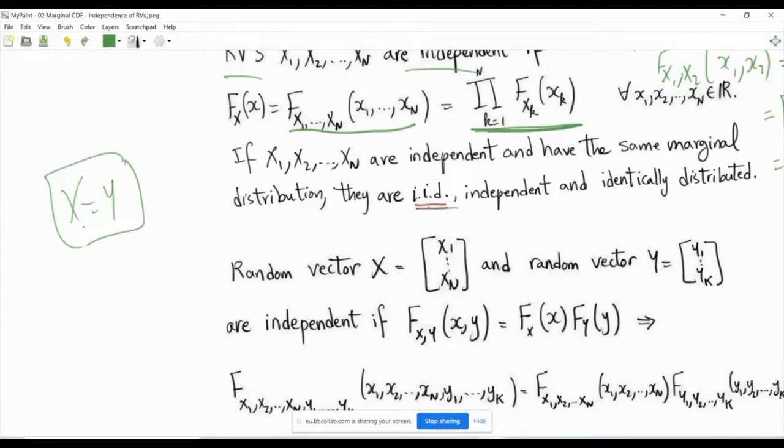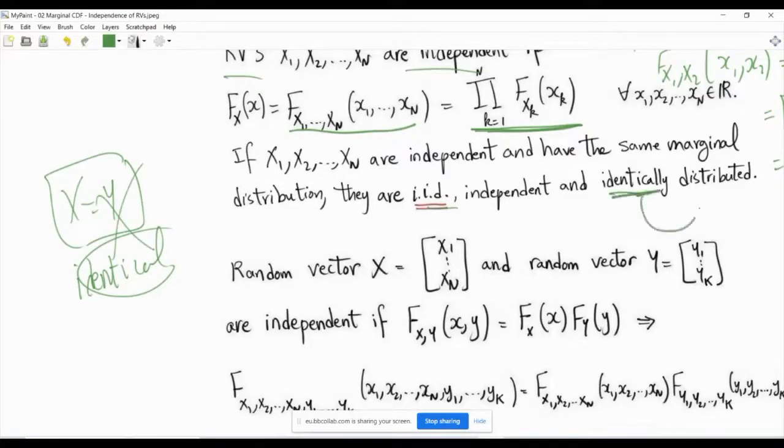If you observe x, then you know what y is, because y is equal to x. So we are not saying that the random variables are identical or equal. That is not what we are talking about here.